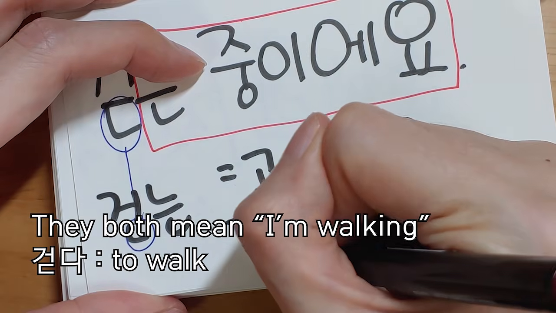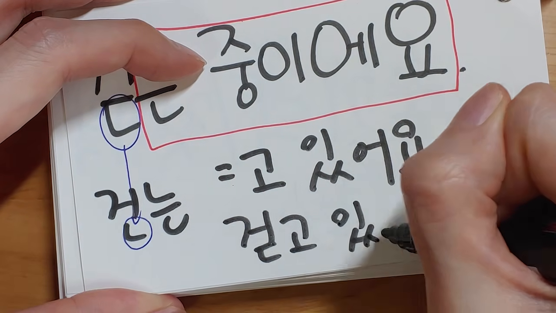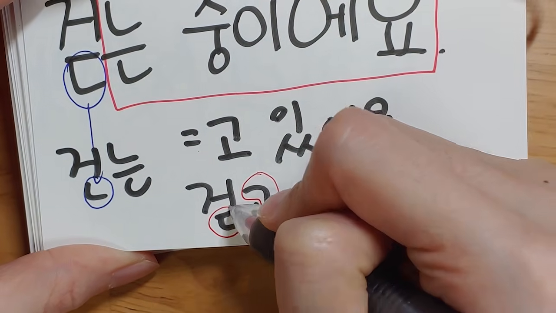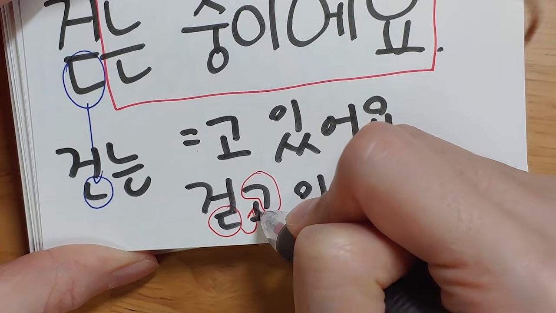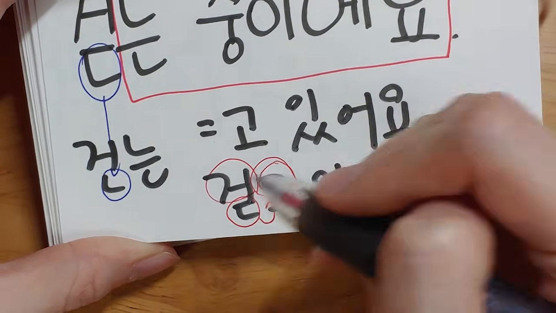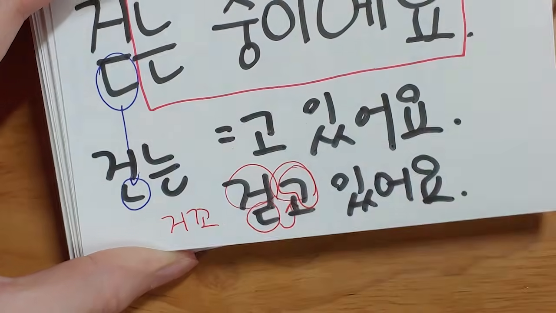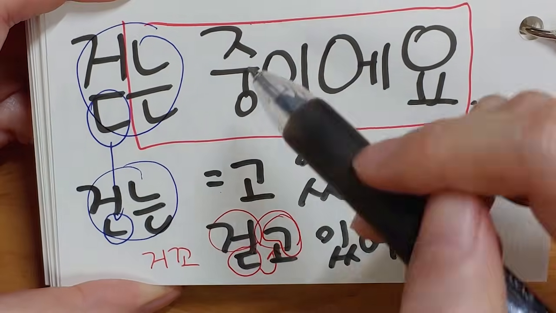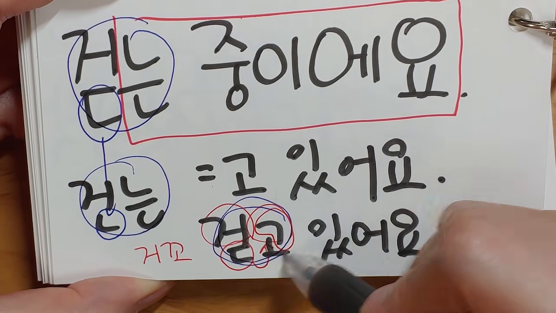And if you pronounce 걷고 있어요, you notice that this ut gives more emphasis to 그 sound. So this one is 걷는, and this one is 걷고.